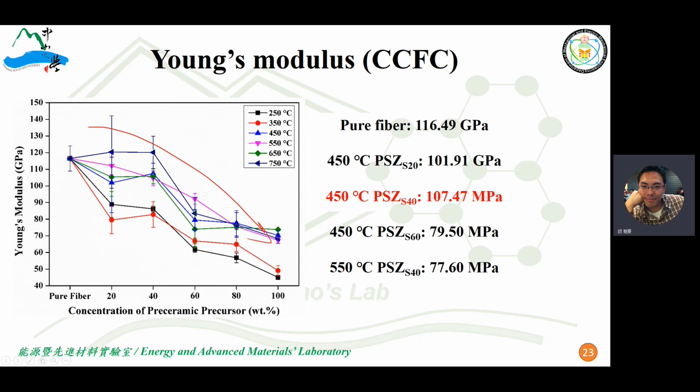And only when the concentration of preceramic precursor is 20 and 40 weight%, pyrolyzed at 750 Celsius, is it enhanced. Otherwise those Young's modulus are decreased compared with the pure fiber.